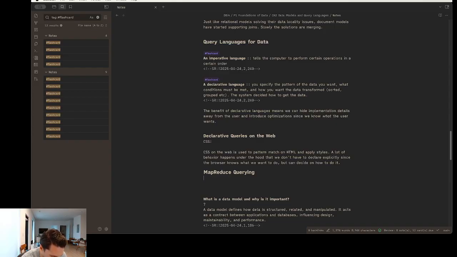The same can be expressed in MongoDB's MapReduce feature.